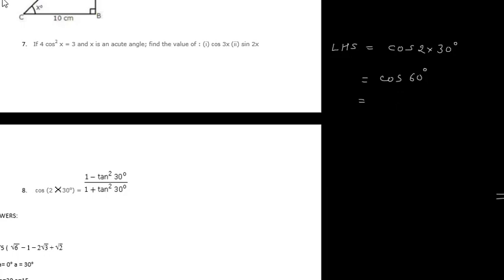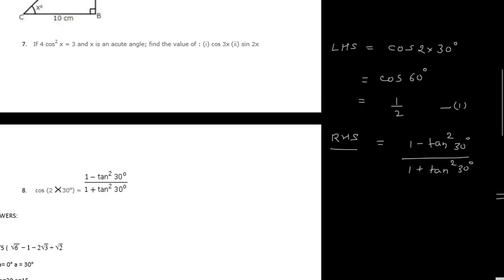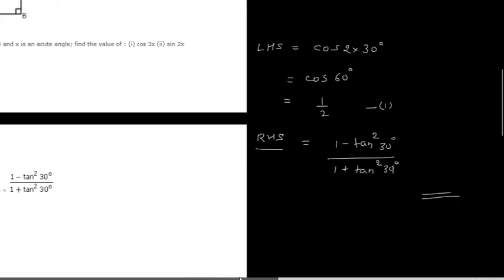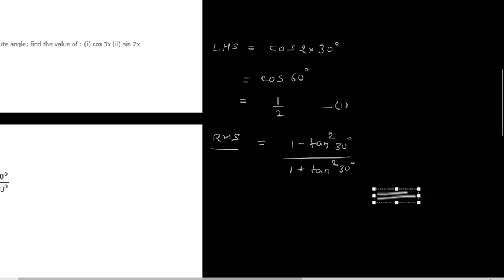Okay, so consider this is equation 1, and then right hand side we will solve RHS. RHS is 1 minus tan square 30 degree divided by 1 plus tan square 30 degree. Okay, so here 1 minus tan square 30 degree upon 1 plus tan square 30 degree, this value I need to calculate.